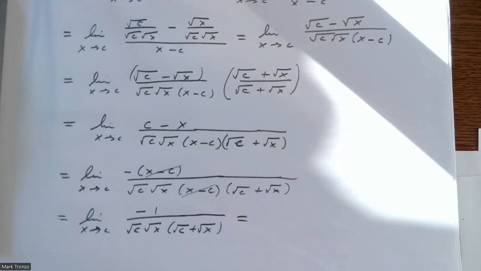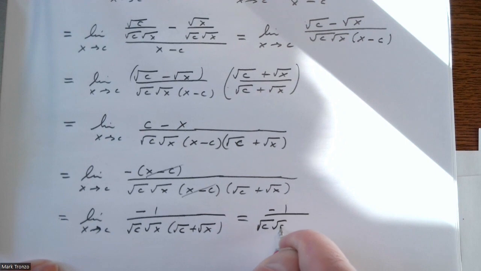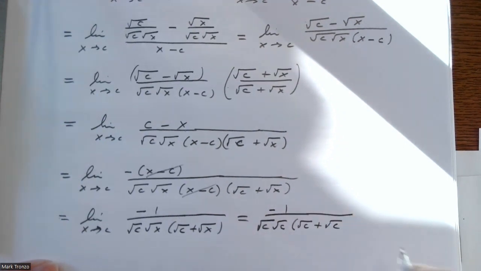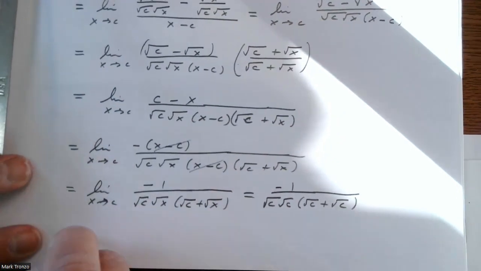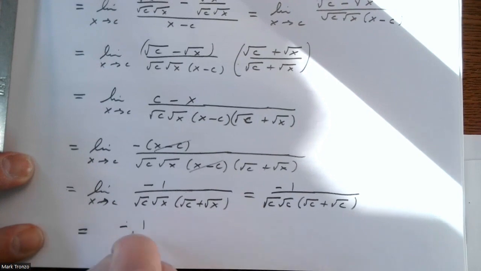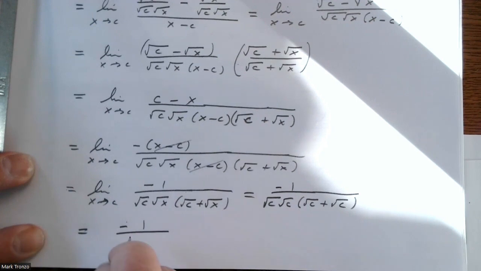Now if we put our c in, just to be sure, yeah, we'll put our c in here, and let me put all the steps in: square root of c like this, square root of c, square root of c like this. And then this is going to be -1 over c, and this is going to be 2 square root of c.